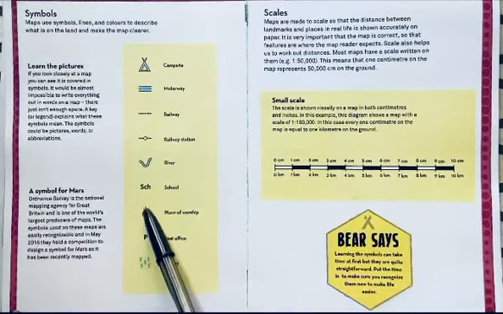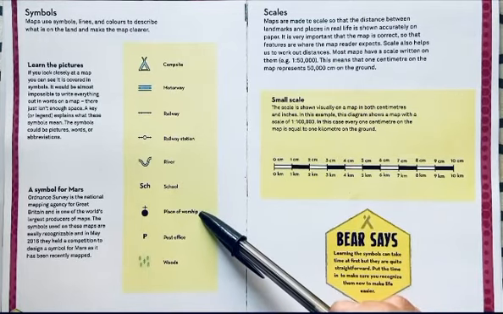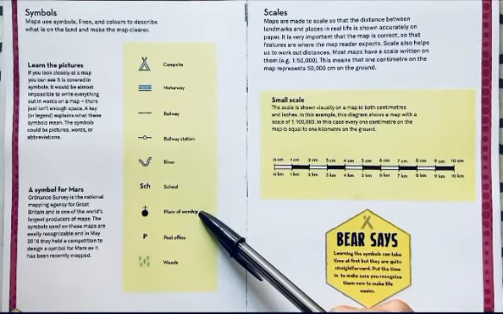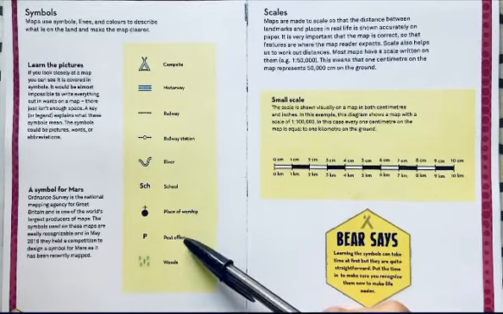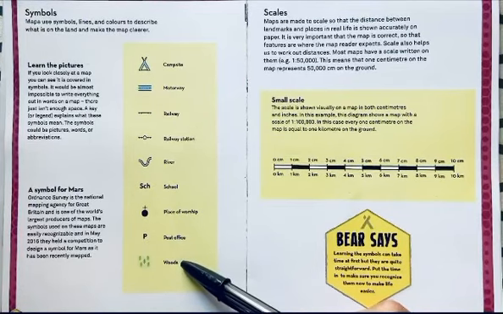Now here we have a little cross and a circle, which is place of worship, like a church or a mosque or a temple. Post office. And here we have woods.